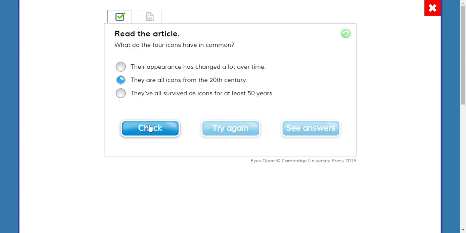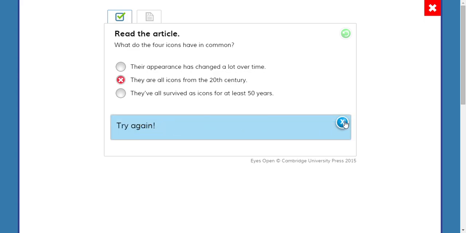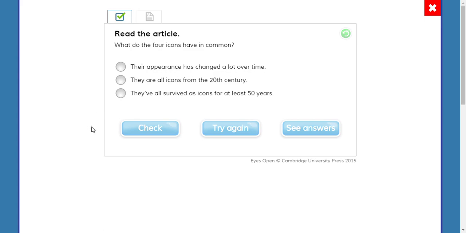Remember, we are not perfect. Could be the right answer or could be a wrong answer. 1, 2, 3. No, I'm sorry. Try again. Their appearance has changed a lot over time, or they've all survived as icons for at least 50 years. The last one.